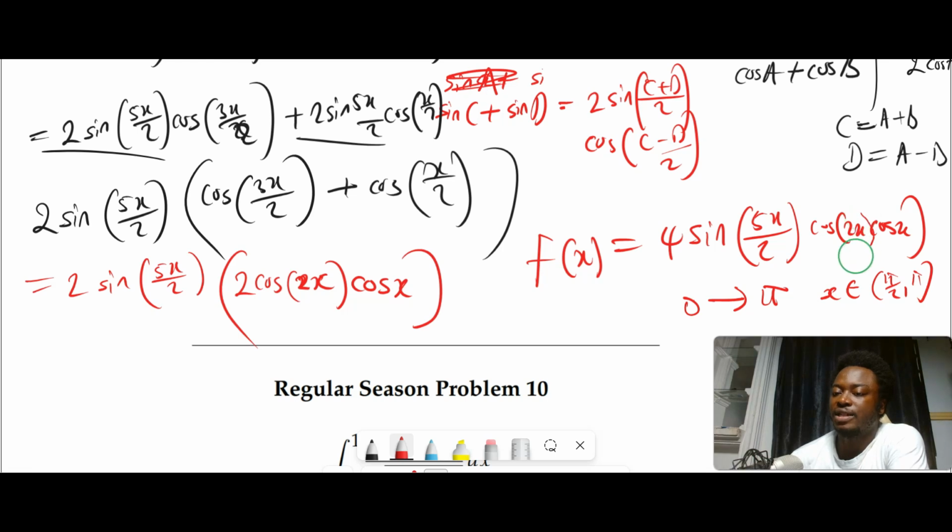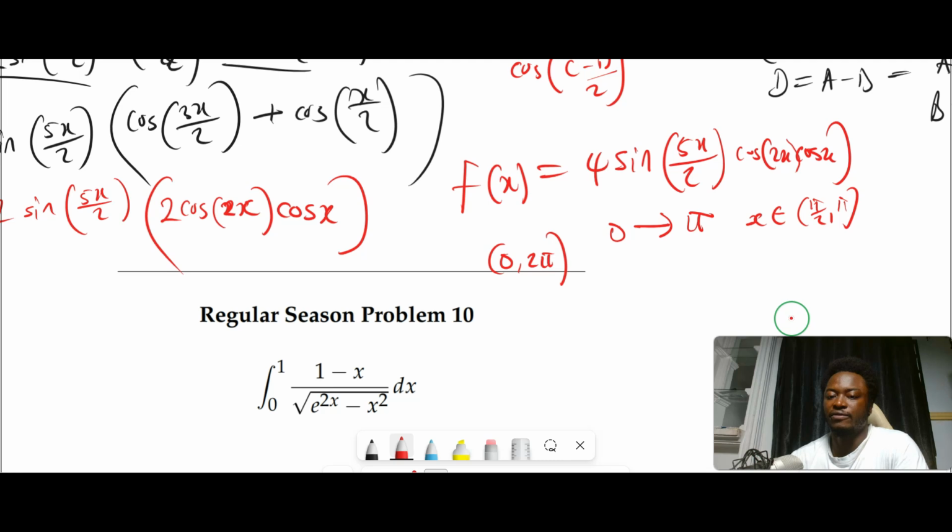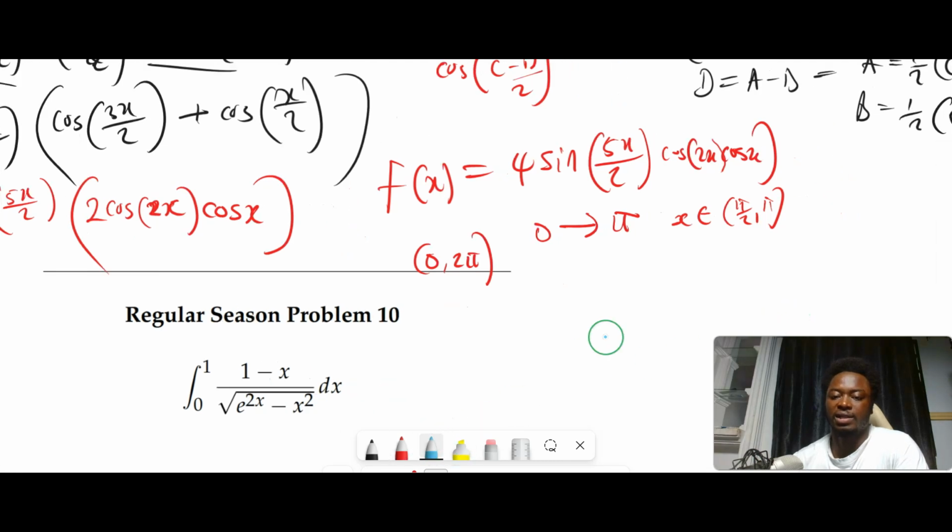Then on that same case, cosine of 2x, we are looking at from 0 to 2 pi. So long as we are moving from 0 to pi, it's positive. This is going to be a long analysis.